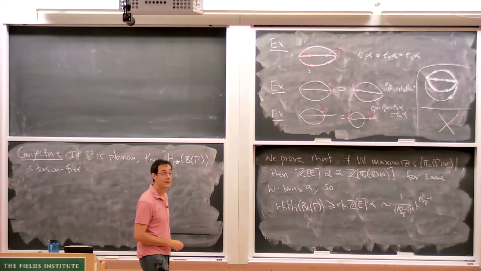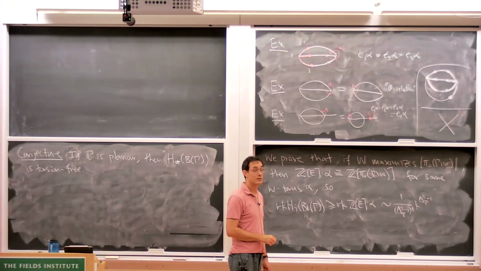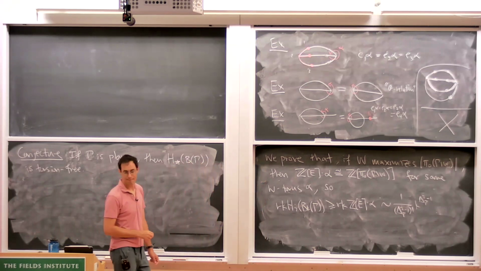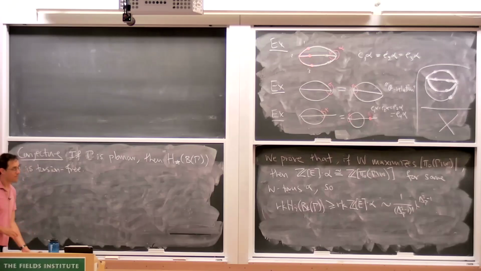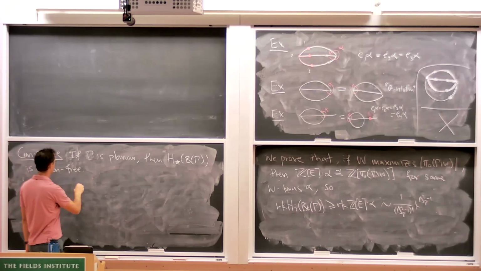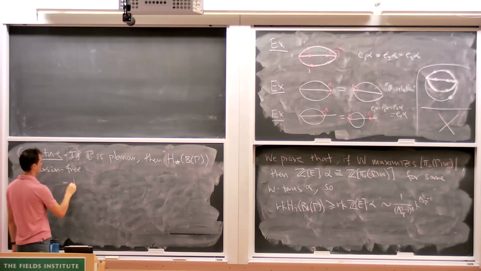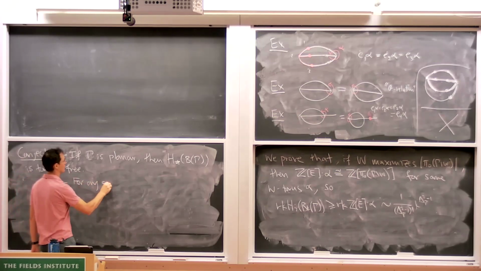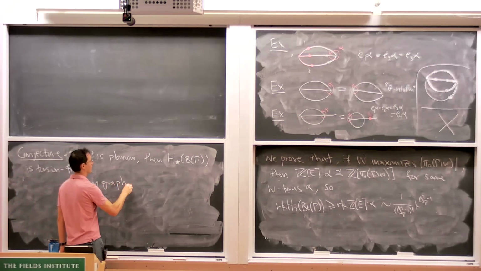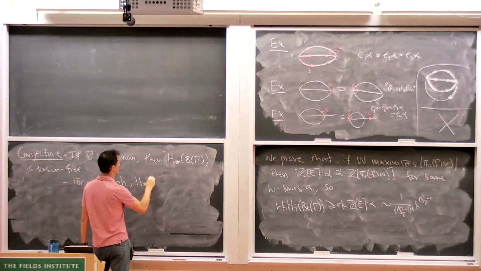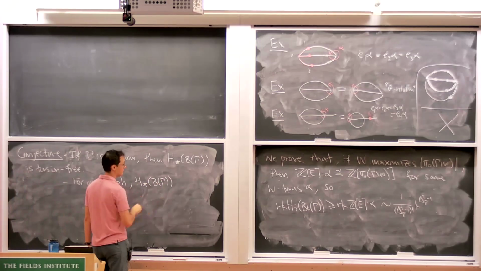Yeah. Is there a question? Oh, two torsion. Yeah. And maybe people also believe that for any graph the homology has no odd torsion.